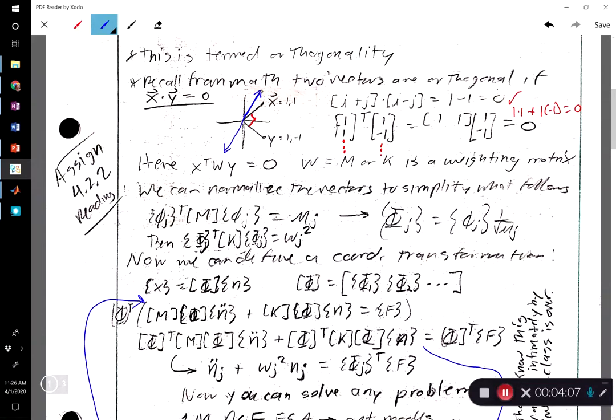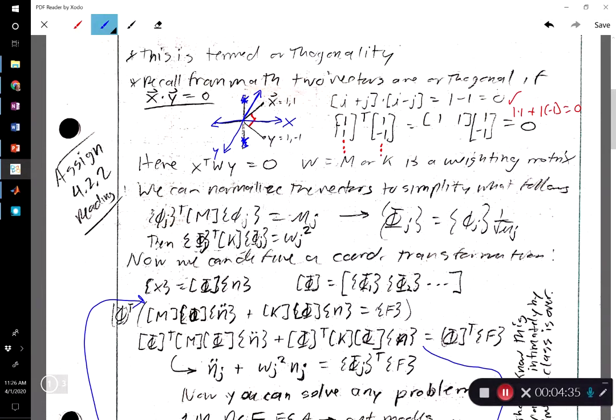And so you can think of that as basically taking these coordinate axes and skewing them. Let's say we skewed the y-axis here at an angle. Now the weighting matrix accomplishes that skewing, and we'll now be finding orthogonality on these skewed x and y axes. And so that's what happens here.